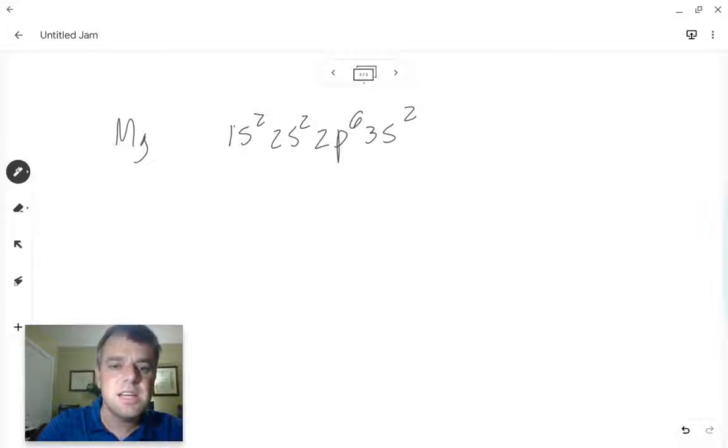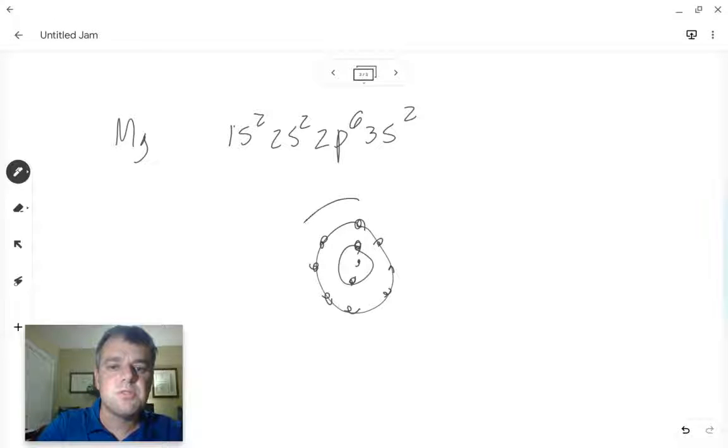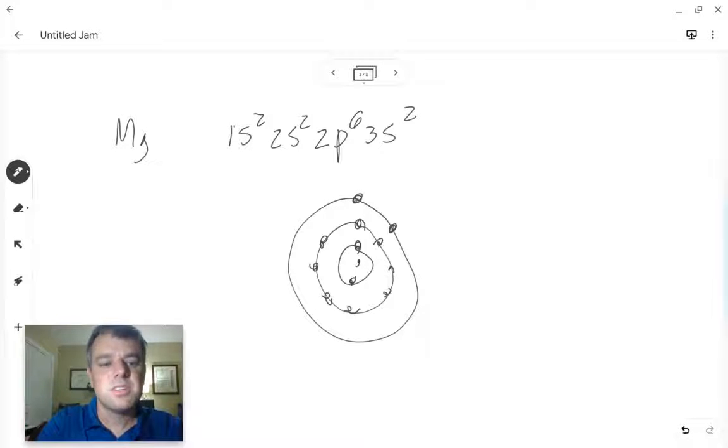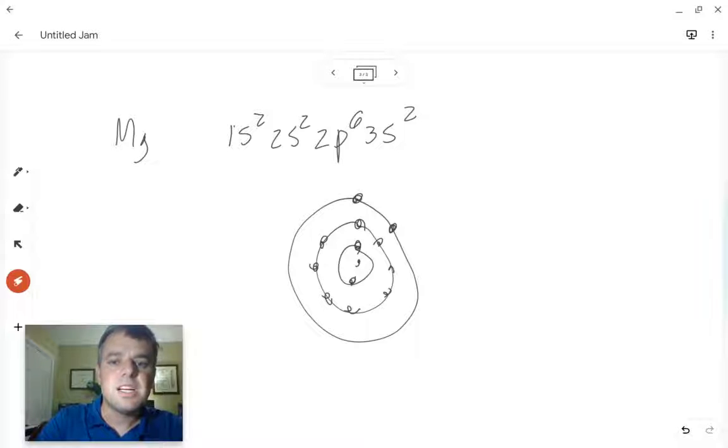So if we look at a Bohr model of this, which will help us visualize this a little bit, even though Bohr models are not a very accurate model of how electrons actually exist, they really help for visualization purposes. So the first ionization energy would be to remove, say, this electron right there. So that would require some amount of energy.